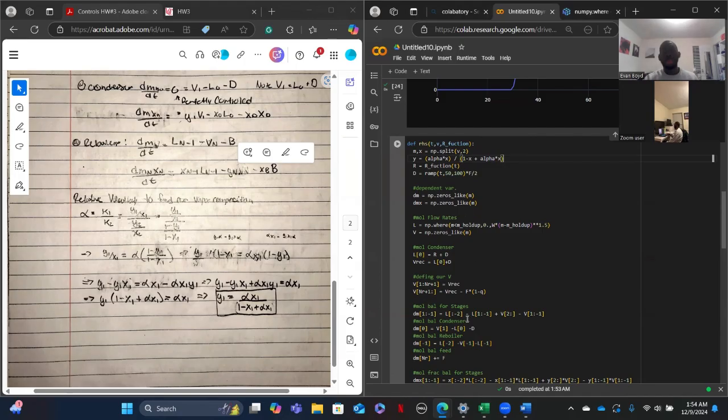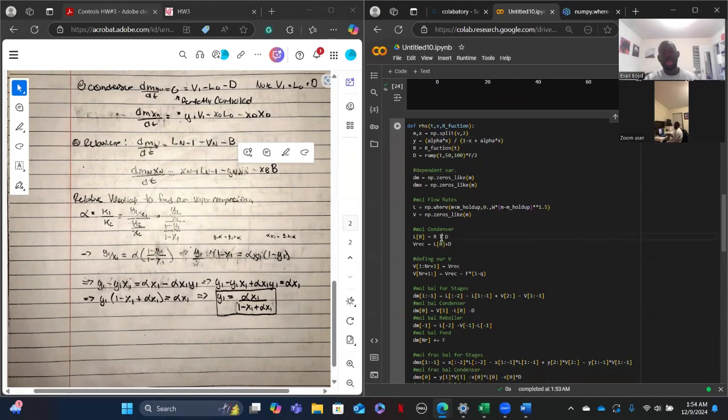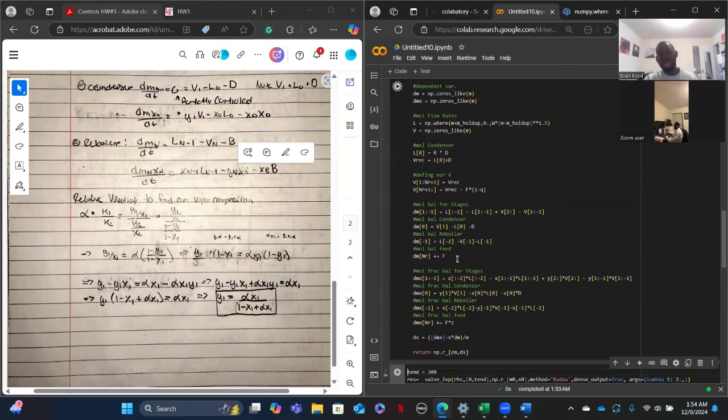And then the other thing is for our condenser. It's actually our reflux times our distillate, not plus our distillate. So it's R times D. So once we have that stated, our function is now fully correct.